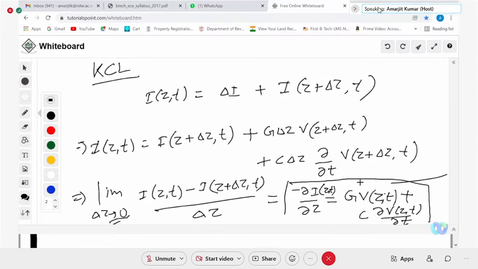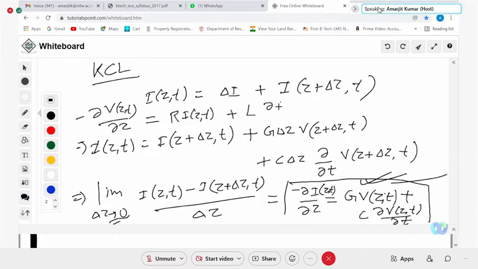So this is KCL, and what was KVL? As per KVL, if you remember, we had minus ∂V(z,t)/∂z is equal to R into I(z,t) plus L into ∂I/∂t.